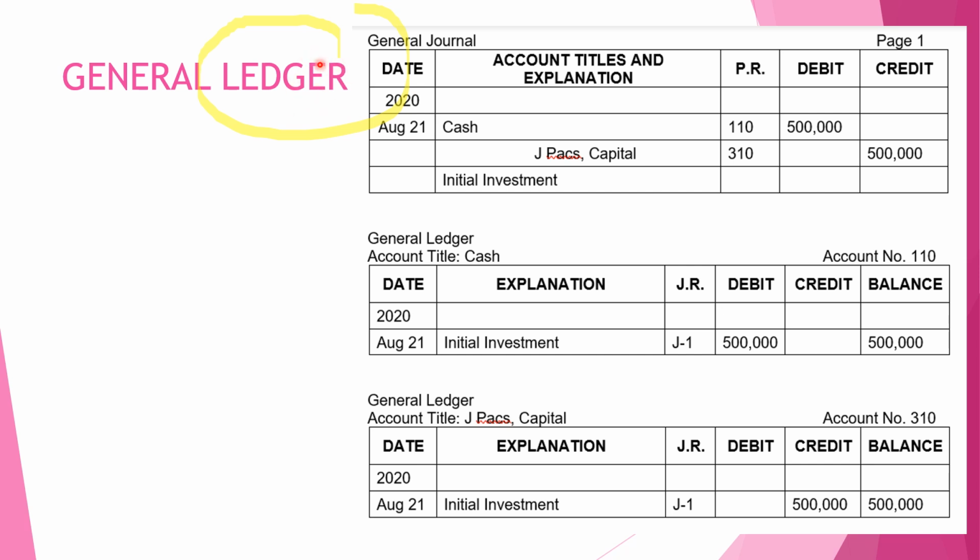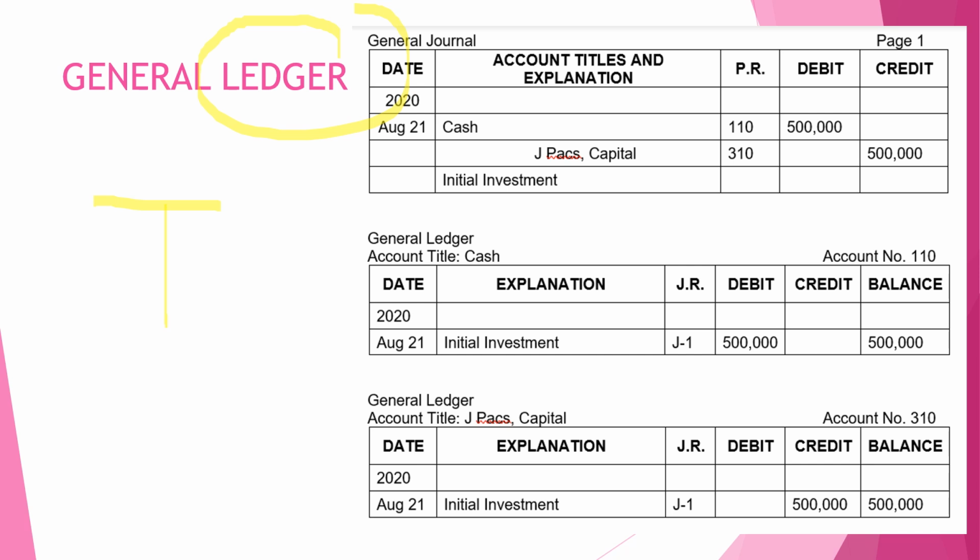So this is also referred as the T account because the basic form of a ledger is like the letter T. Remember this one, just like this one. Okay, for your ledger. So we have here example of general ledger. So general ledger, commonly referred by accounting professionals as GL.